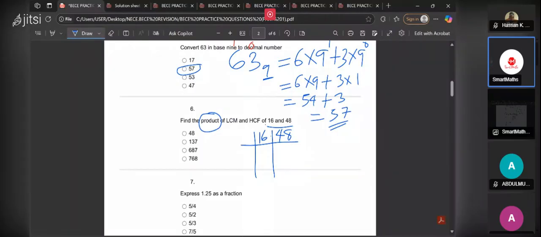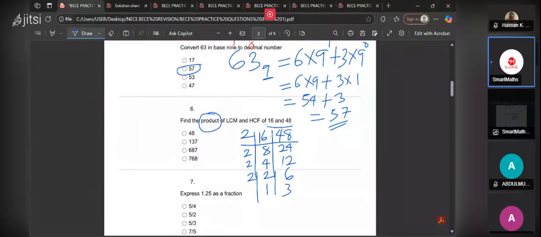So 2 can divide 16 and 48. 2 in 16 is 8. 2 in 48 is 24. 2 can divide. 2 in 8 is 4, and 2 in 24 is 12. What can go again? 2 can still go. 2 in 4 is 2, and 2 in 12 is 6. 2 can still divide it. 2 in 2, 1. 2 in 6 is 3.